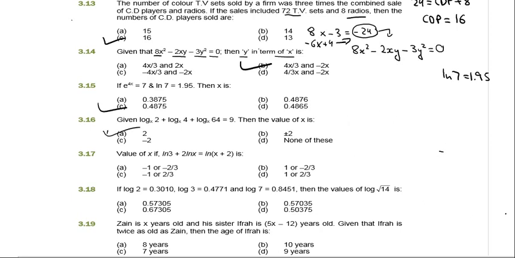Moving on to 3.17. 3.17 says find the value of x if ln 3 plus 2 into ln x is equal to ln of x plus 2. There is a property in logs which we studied in class which says that log a power y is equal to y into log a.